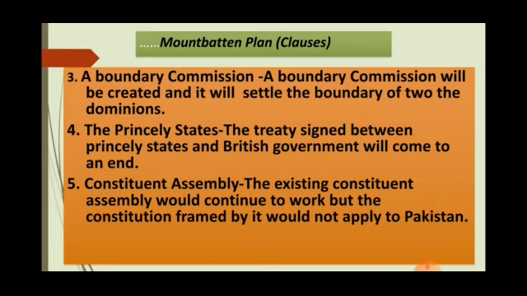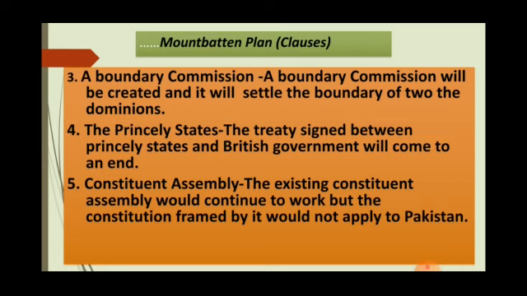The fourth provision of Mountbatten Plan is related to princely states. The treaty signed between princely states and the British government will come to an end with the independence of India. All the treaties signed between Indian princely states and the British government will lapse.